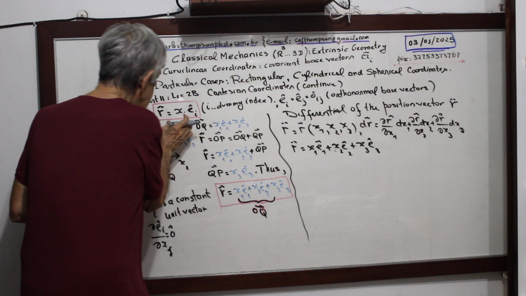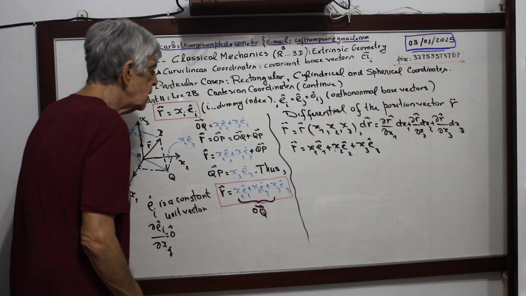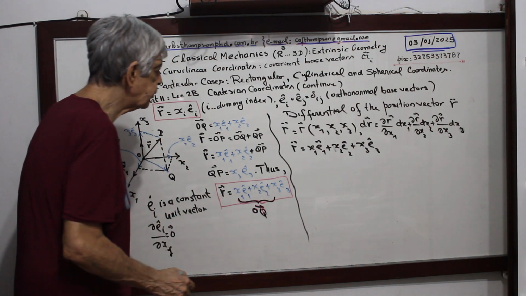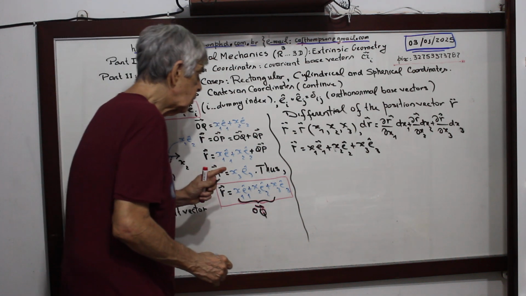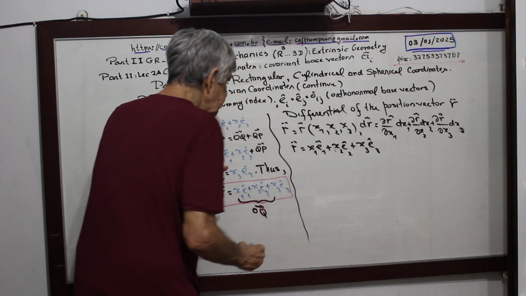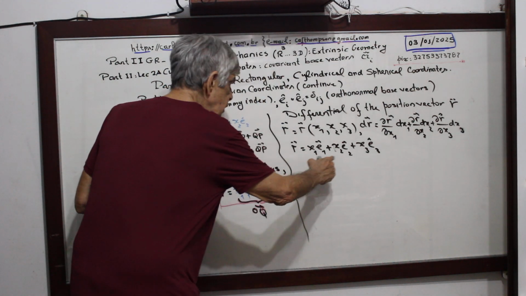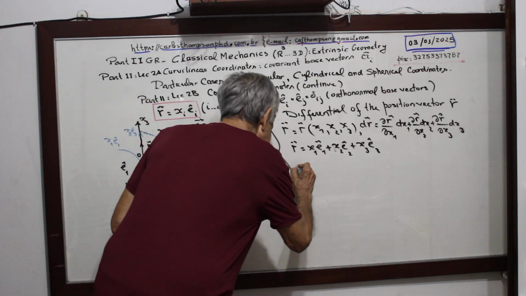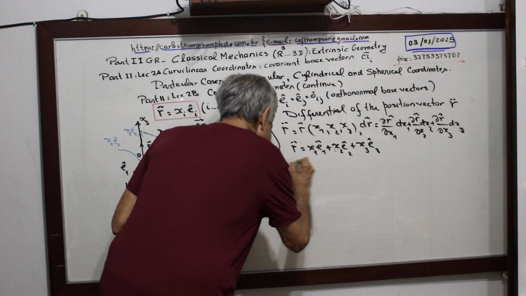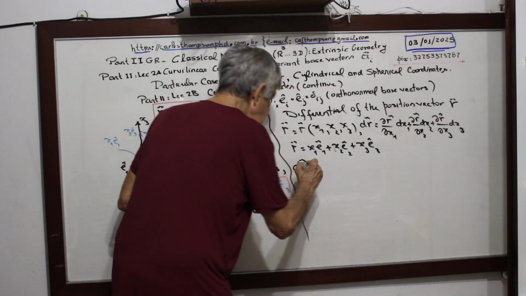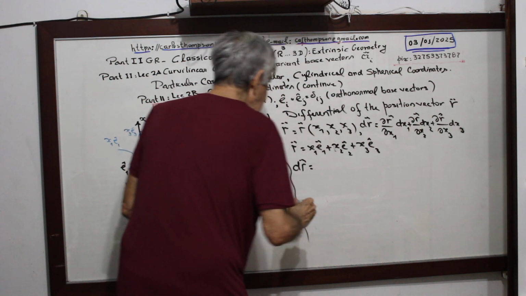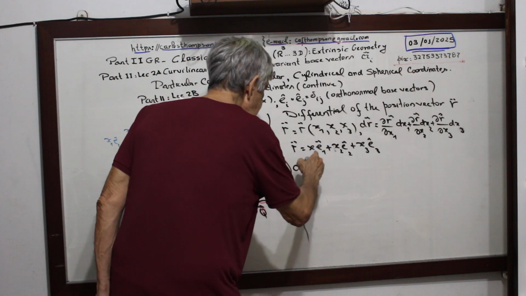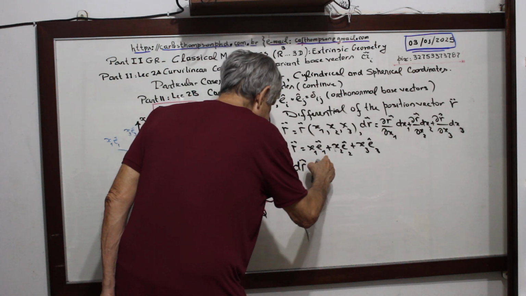It's just the sum, where i is equal to 1, 2, 3. Now, e1, e2, and e3 are constant. So dr will be, now, I have this is constant.